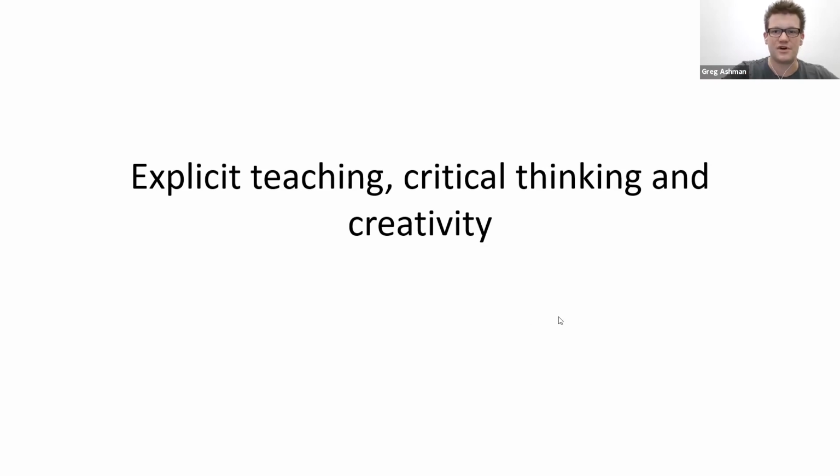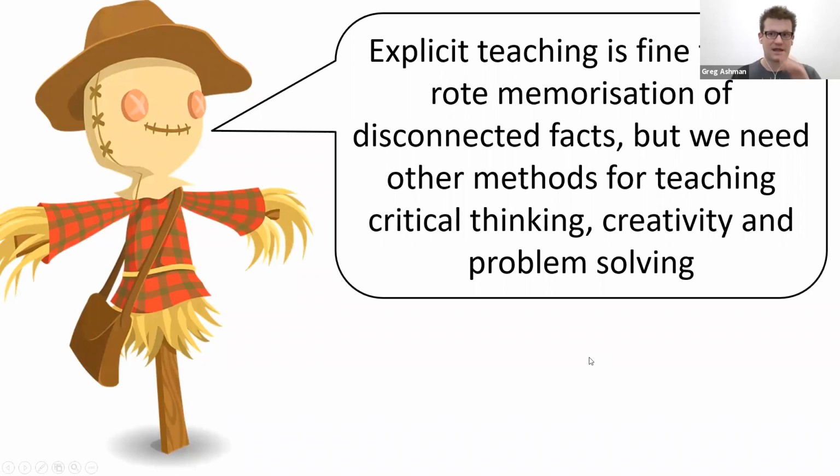So first up is my straw man. Okay, so here's my straw man. You can have a read of what he's saying there. I've made the point that he is a straw man because whenever I make statements like this, about people thinking these things, people often tell me that I'm attacking a straw man argument.